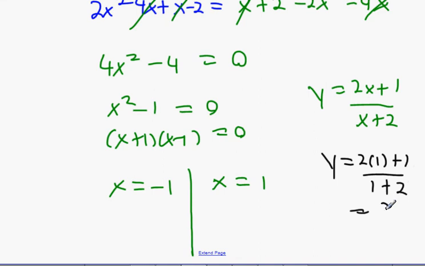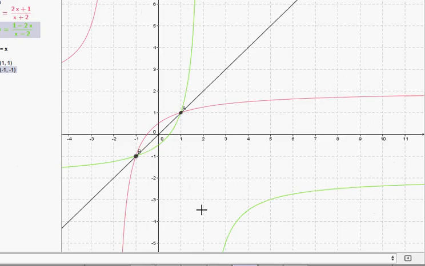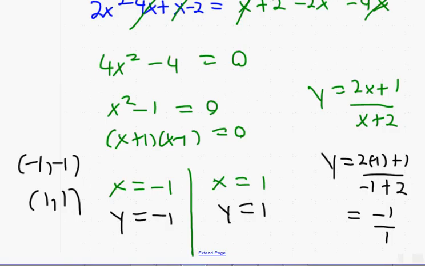And that's going to be 3 over 3, which is 1. Replace that with a minus 1 now. And what that will turn into is minus 1 over 1, which means y equals minus 1. The 2 points are (-1, -1) and (1, 1), as depicted on our diagram here. Okay? Now, moving on.